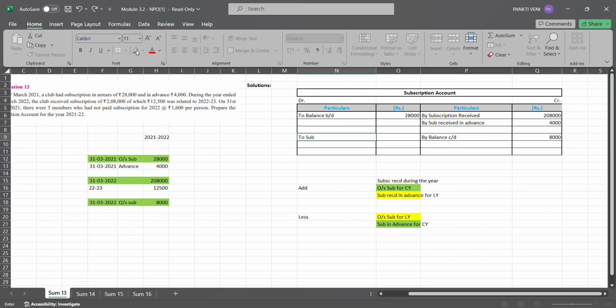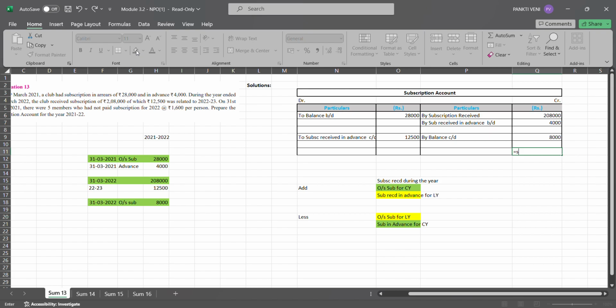So this is subscription received in advance, balance brought down, and this will be balance carried down. It is 4,000. I hope it is clear. Sorry, it is 12,500.